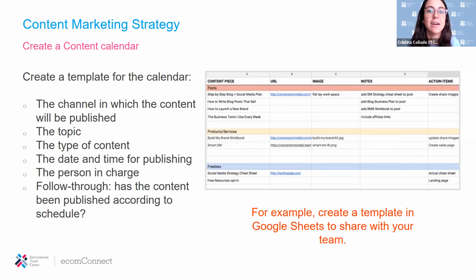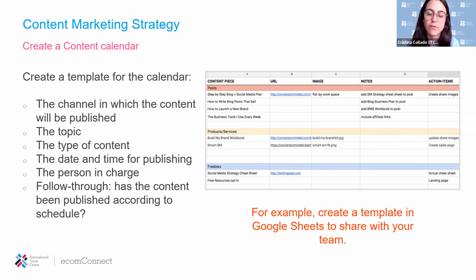And you can also use other tools out there which work well if you are working in a bigger team, like for example Trello or Asana. They are tools for content planning that work well.